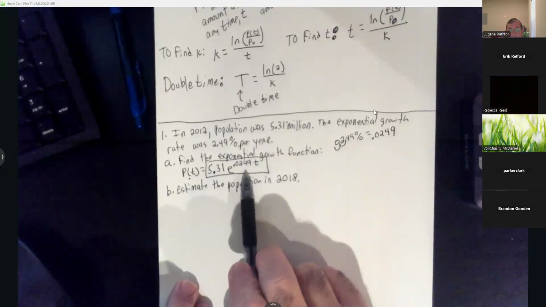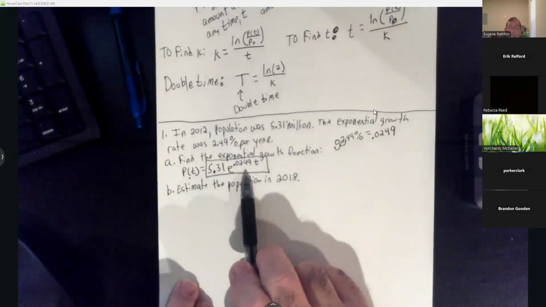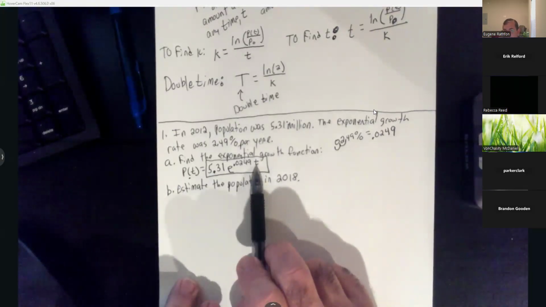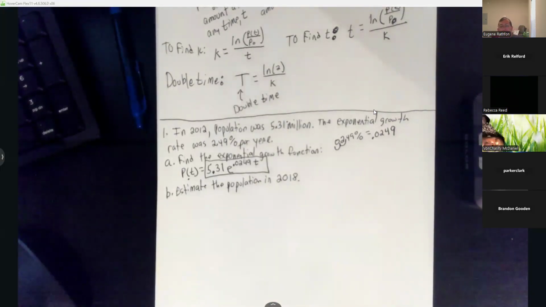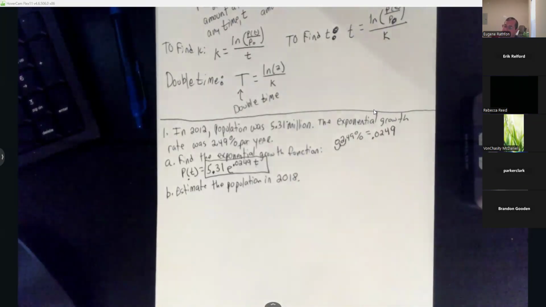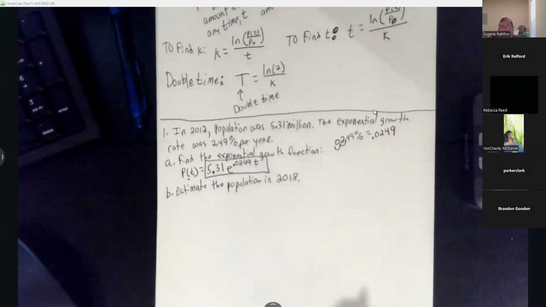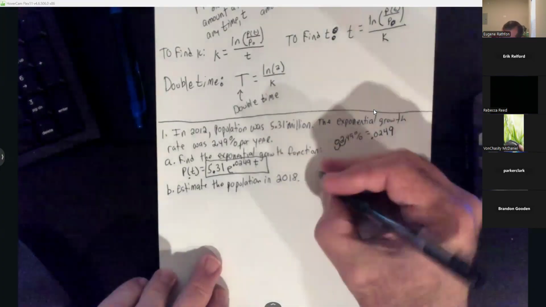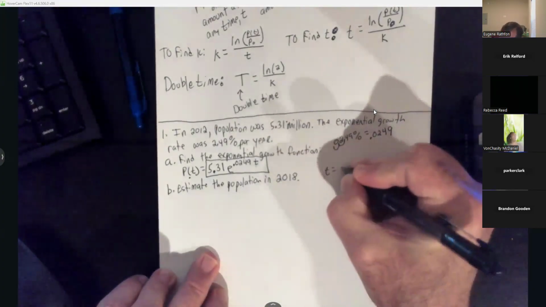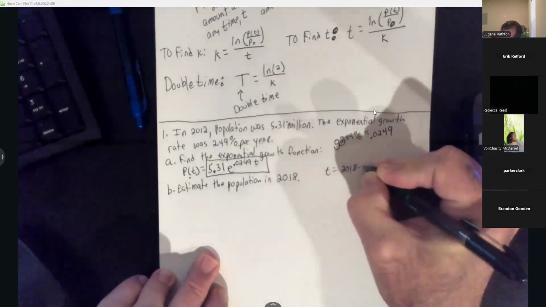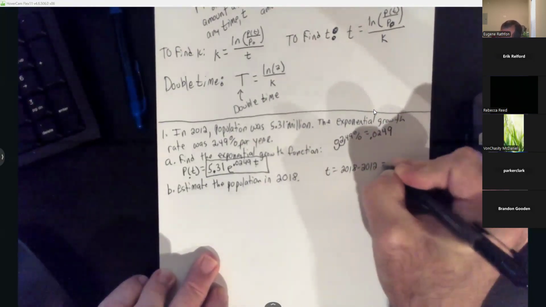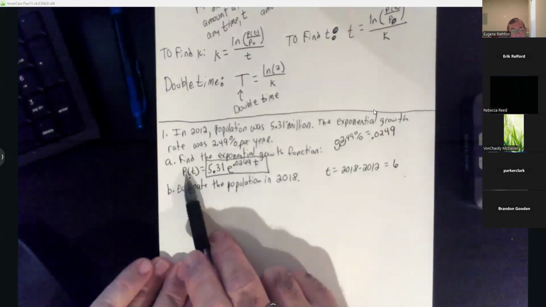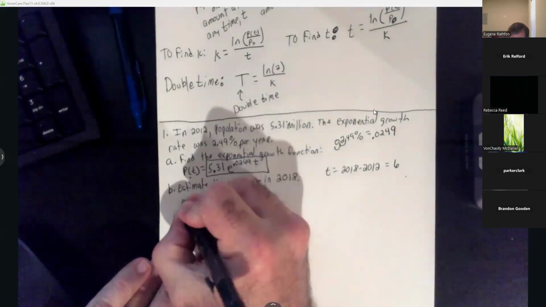Well, y'all, we got the formula here, but what we need to find out is our T, the time. How much time passed between 2012 and 2018? Charles, what you got? 6. Perfect. Because my T is going to equal the 2018 minus the 2012, which will give us 6 years. So, y'all, that means we're finding P of 6.